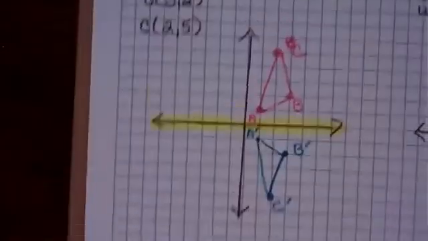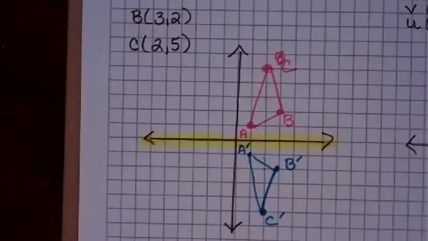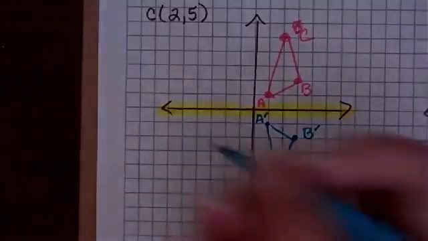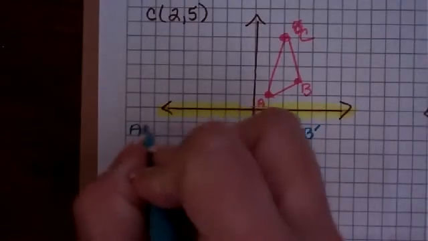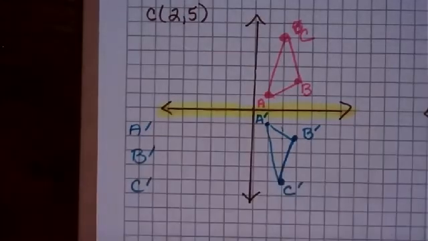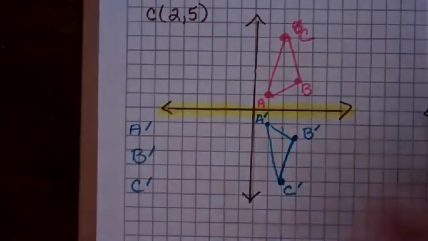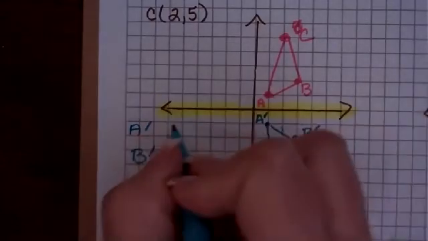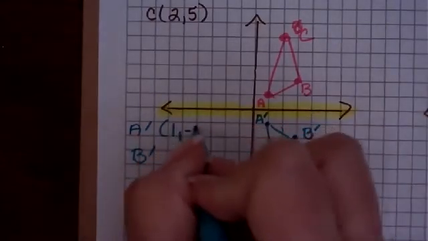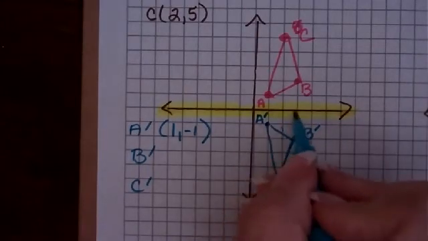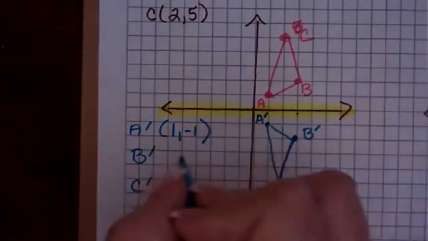Now, I only have one thing left to do here, and that is to write down my new ordered pairs. So I'm going to write them right here: A prime, B prime, and C prime. A prime is at 1, negative 1. B prime right here is at 3, negative 2.